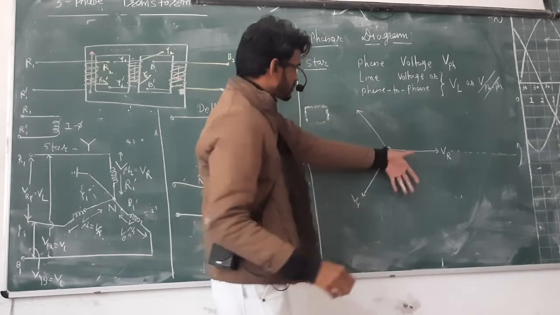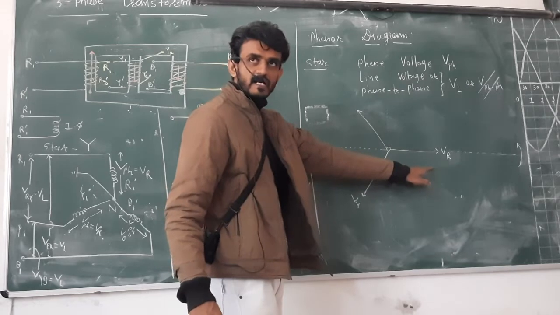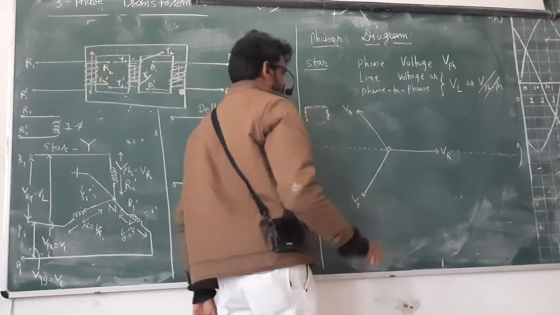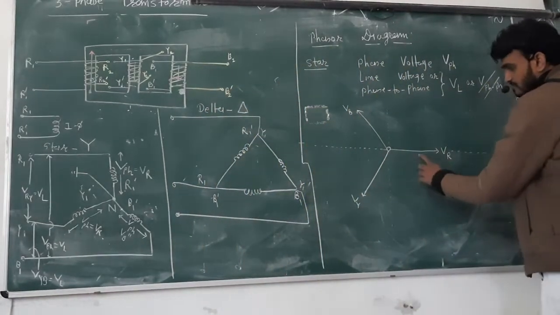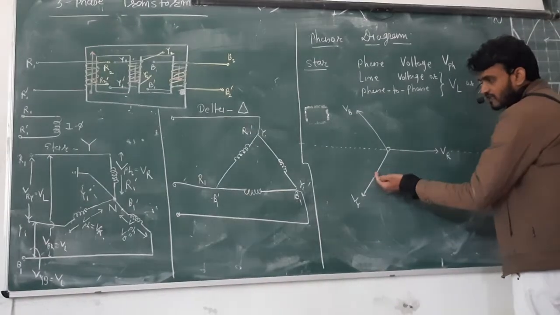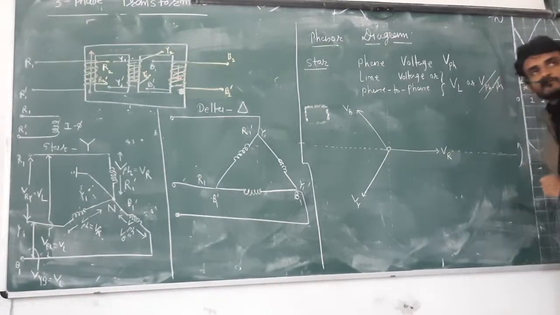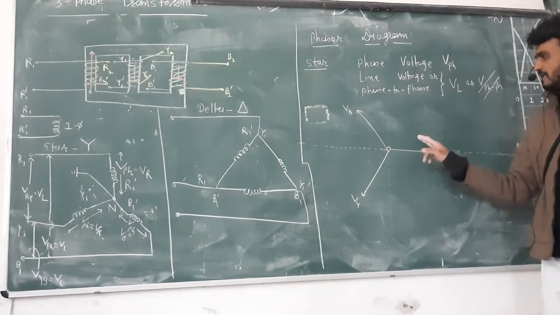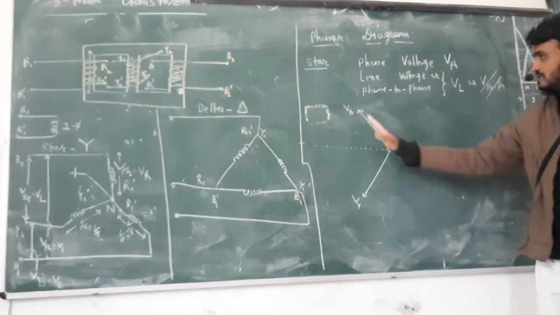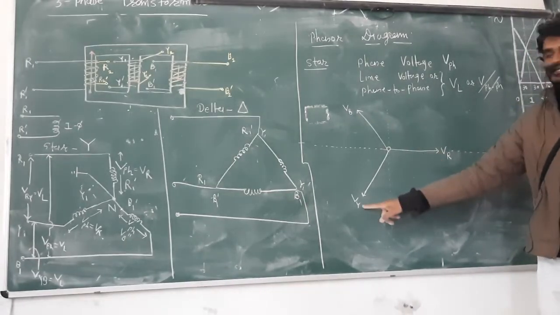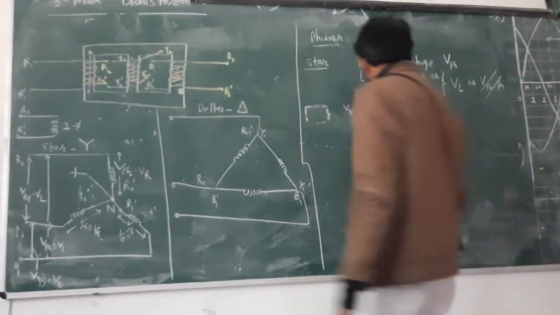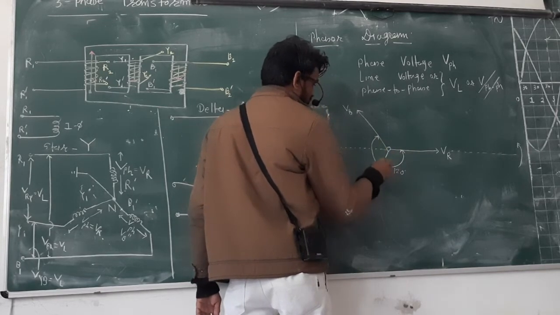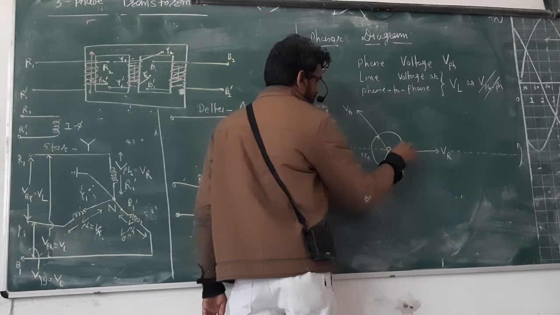Because when this whole structure rotates in this direction, first comes VR, then comes VY, and after that comes VB. So after 120 degrees VY is there, after another 120 degrees VB is there. You can see VY is delayed by 120 degrees and VB is 120 degrees forward. This is the leading vector relative to this one, and this is the lagging vector. So I can represent it this way: this is 120 degrees, this is also 120 degrees, and this is also 120 degrees.